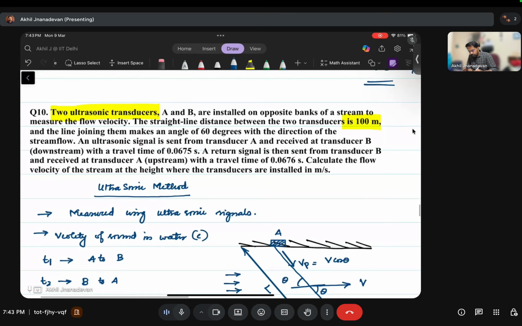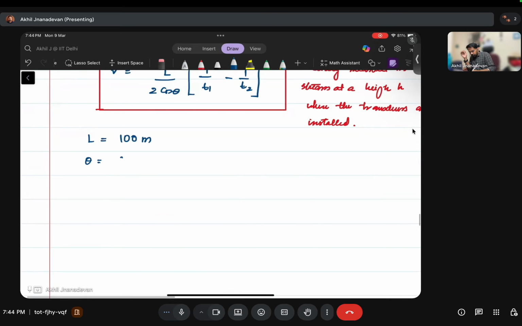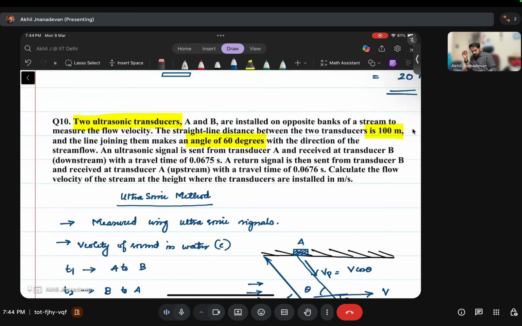So theta is 60 degrees, and we can write that down. An ultrasonic signal was sent from transmitter to receiver P downstream with a travel time of 0.0675 seconds, and the reverse was 0.0676 seconds.